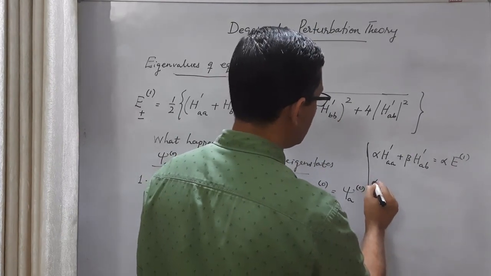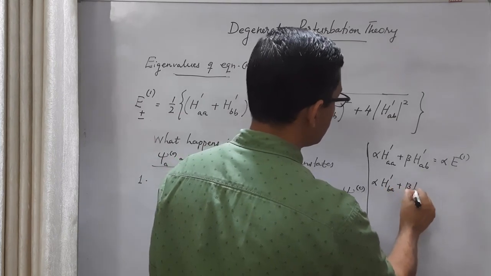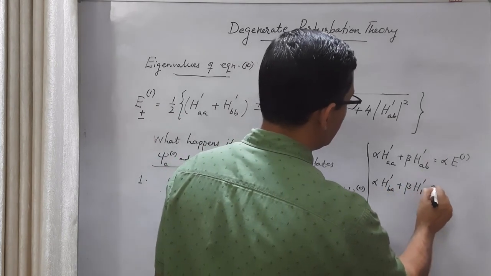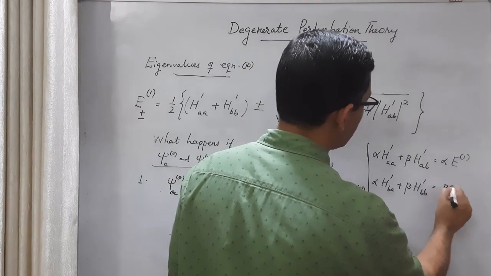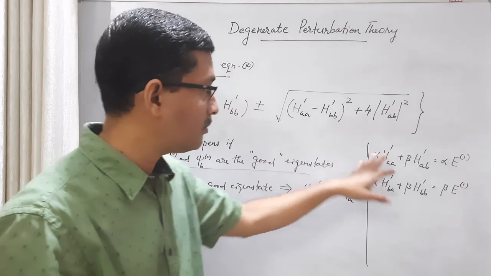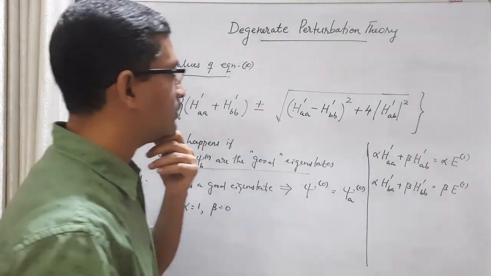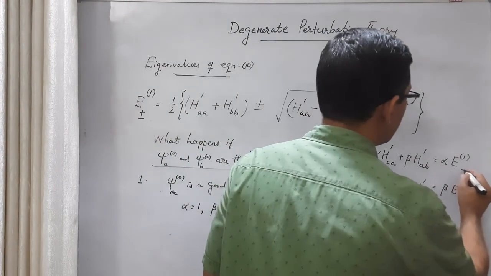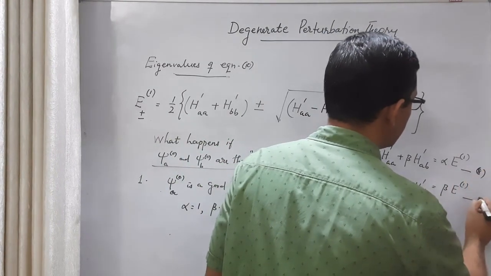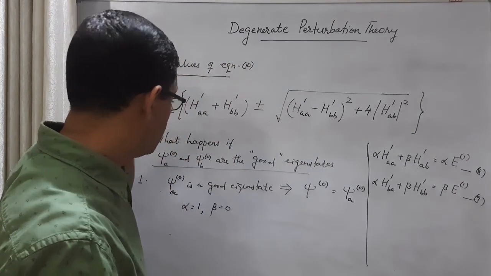Then the next one was alpha times h prime BA plus beta times h prime BB equals beta times E1, equation 9. These were our linear equations, which we have written in matrix form.